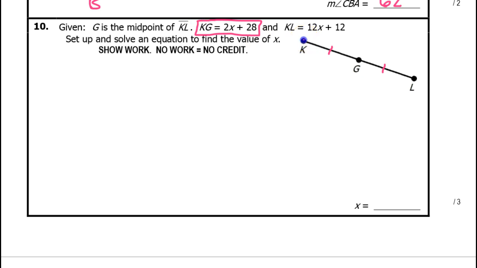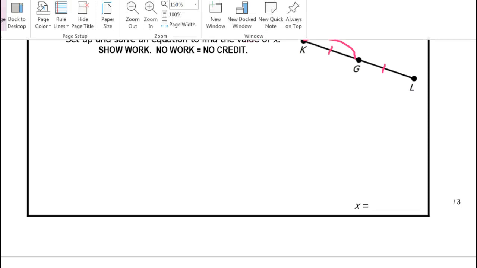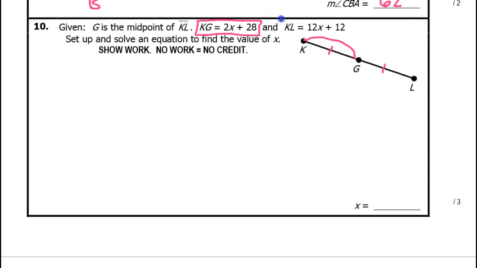I'm just going to mark that with this little arc right here that has the same color to it. But then KL is 12x plus 12. And I'm going to mark KL as well, in green to make it really clear. So I've got the red segment and I've got the green segment.